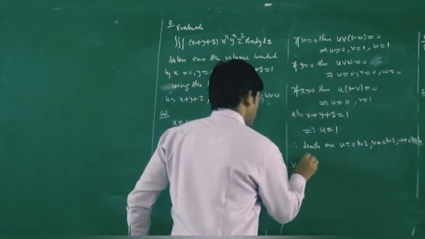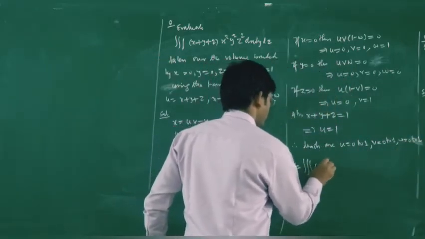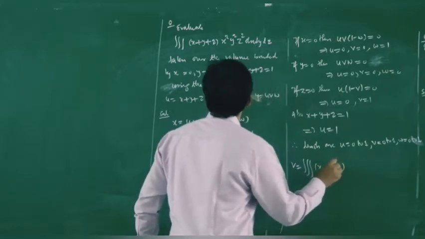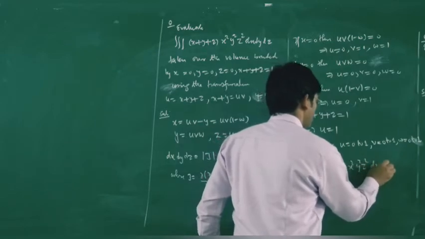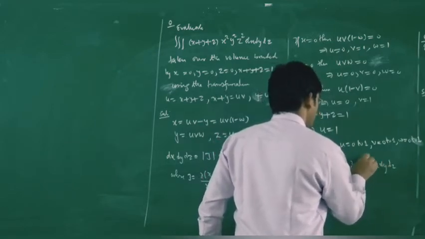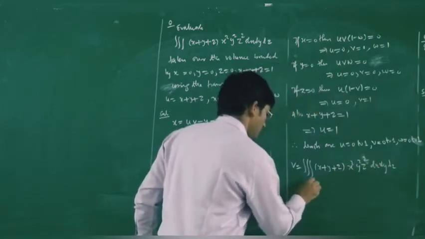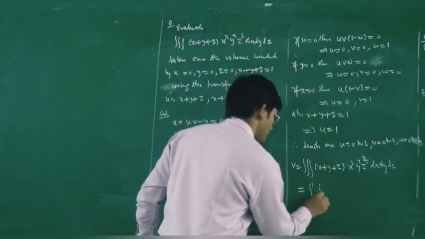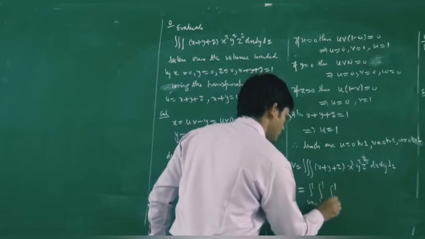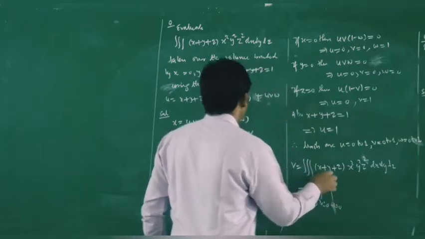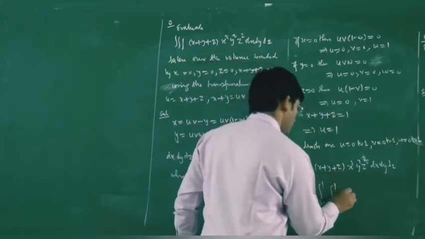So this triple integral will be equal to, now u is 0 to 1, v is 0 to 1, and w is 0 to 1. x plus y plus z is u, so we have u.